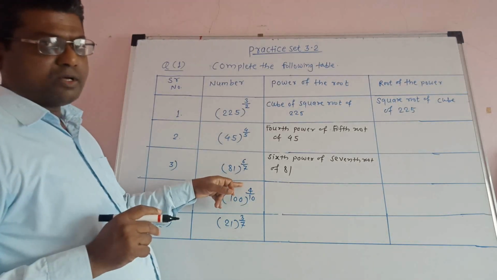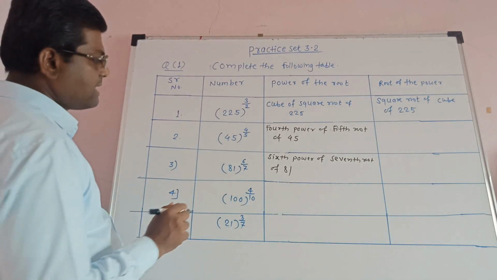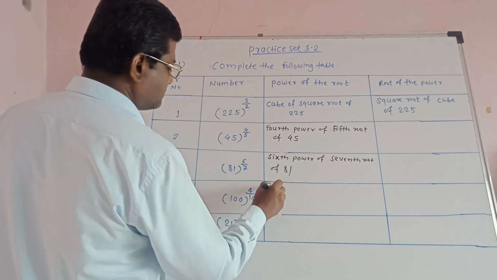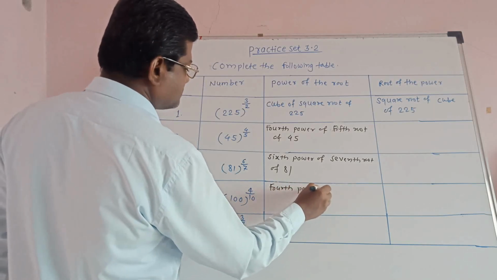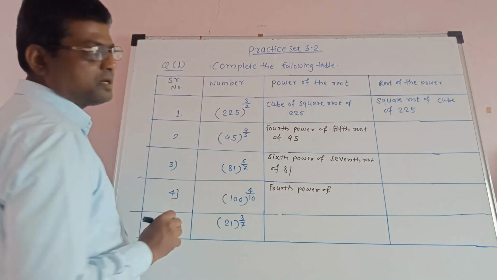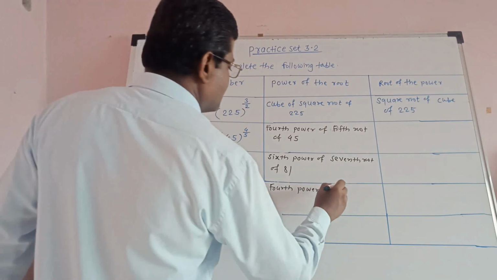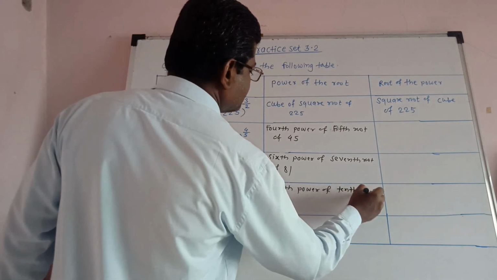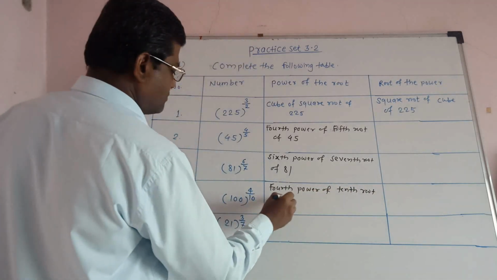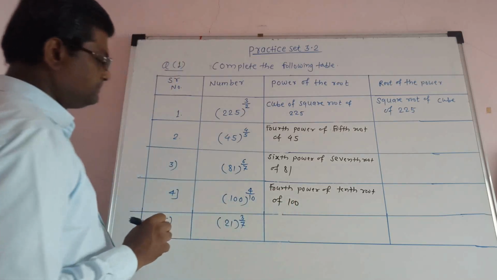Now in the numerator 4, we write fourth power of, in the denominator 10. So we write 10th root of 100.